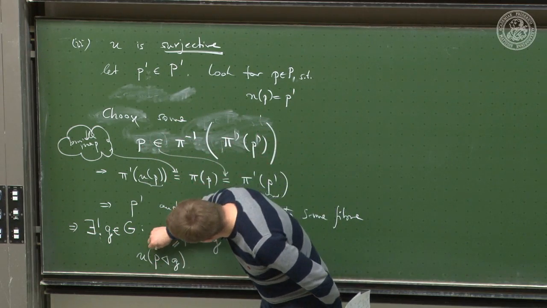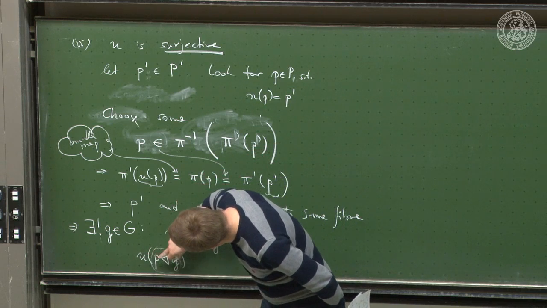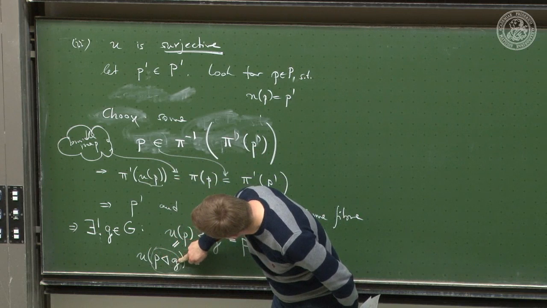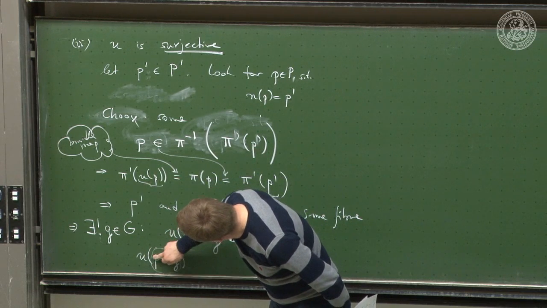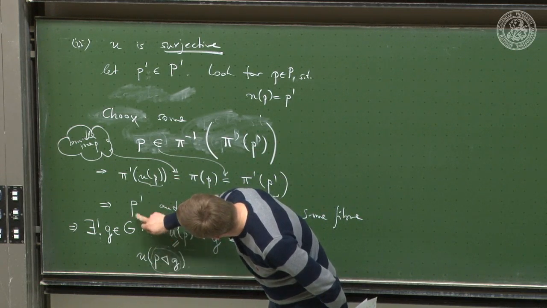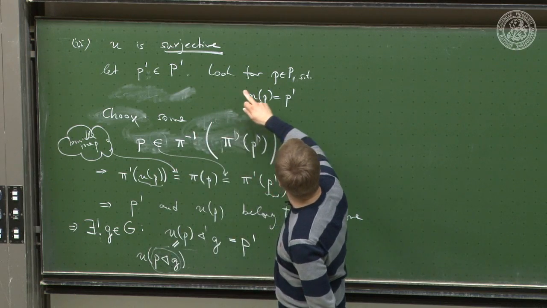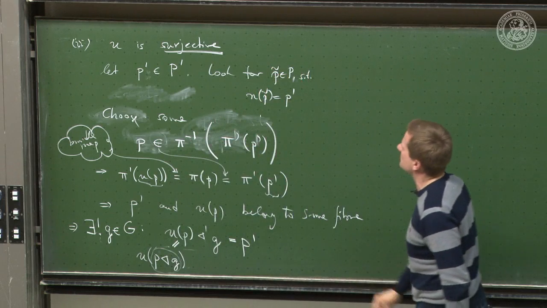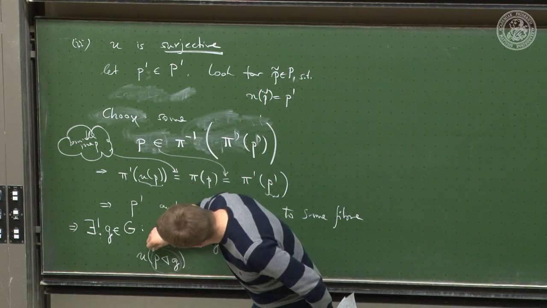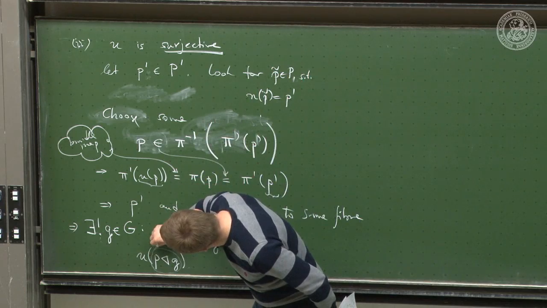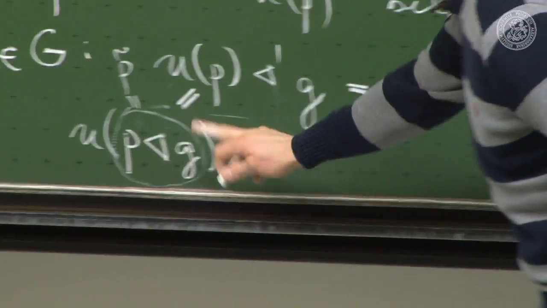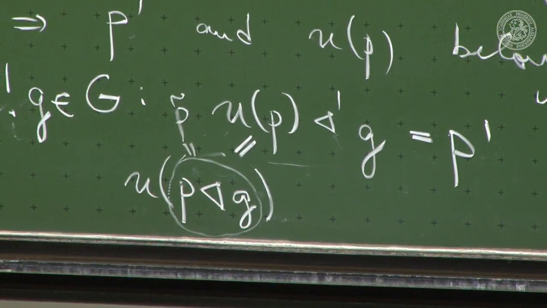But that means this element, built out of an arbitrarily chosen p and a correspondingly chosen g, is an element in P. So we look for a p twiddle such that this is the case. That is what we do. We look for such a p twiddle, and this is precisely the p twiddle we were looking for, because u of p twiddle is the p prime.